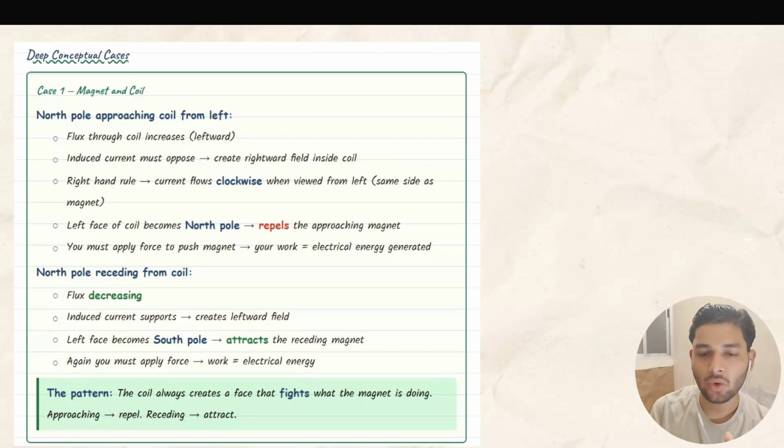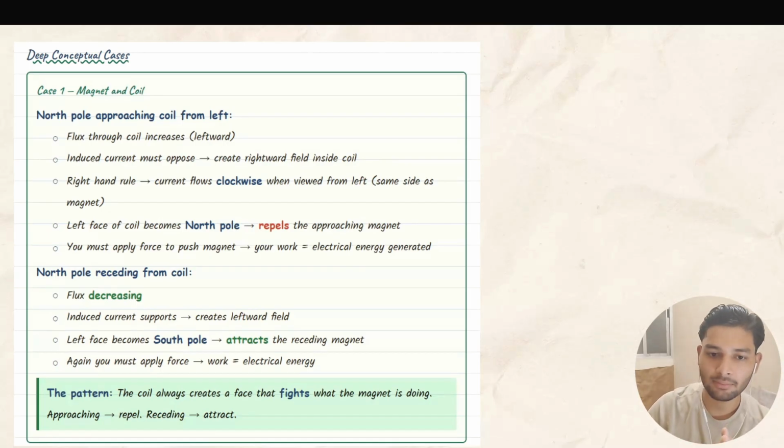The flux from the coil would increase from the left, meaning the north pole is coming from the left, so the coil's field would increase from the left only, and the induced current must oppose, so it creates a rightward field inside the coil to oppose it. So what does the right hand thumb rule show? The current flows clockwise when viewed from the left.